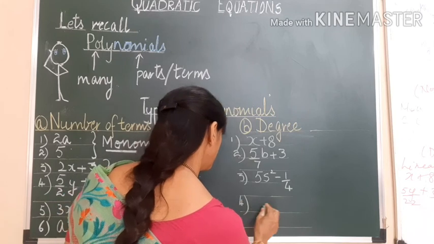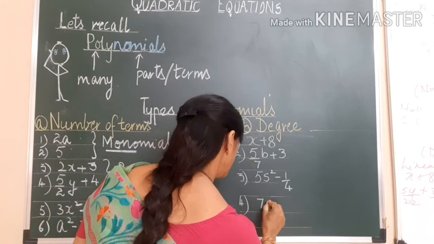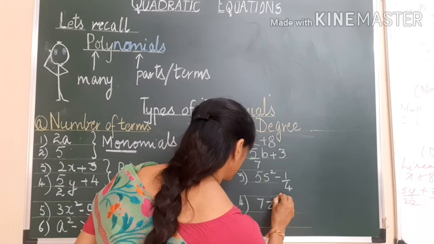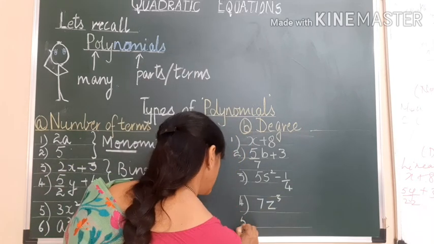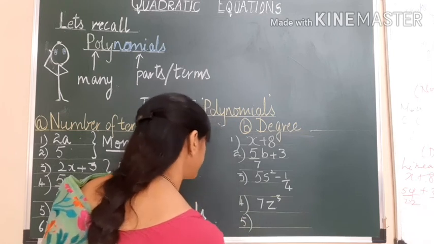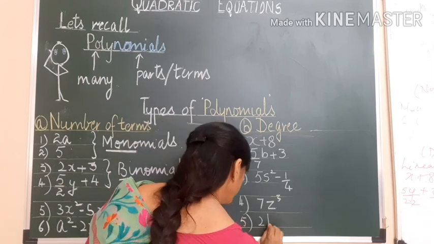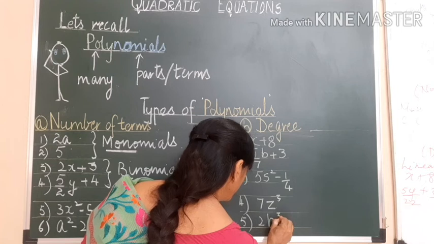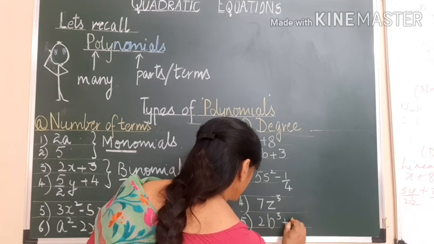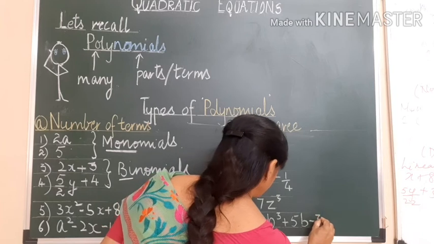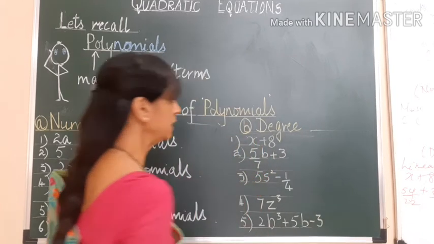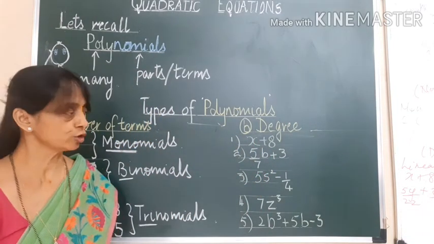Fourth example, 7z cubed. And the last one, let's take one more. 2b cubed plus 5b minus 3.